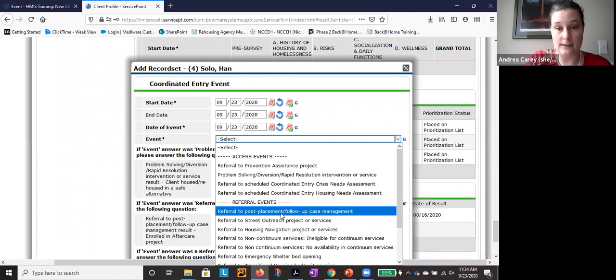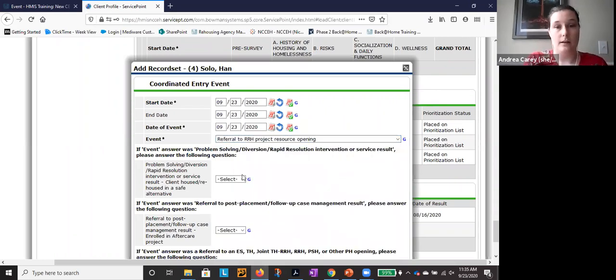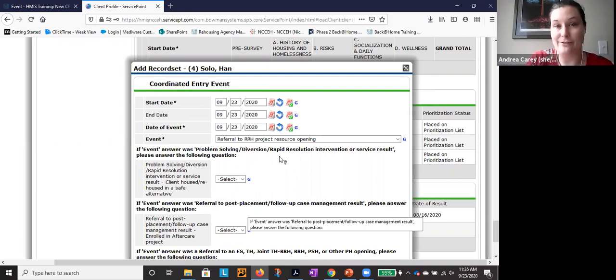Let's see, what else to say about this? I'm going to refer to rapid rehousing here. And then the one thing to really pay attention to is these prompts. So if an answer was problem solving or diversion, then we respond here, yes or no. So we do have to really pay attention to those bolded prompts to make sure we're answering the appropriate follow-up question.